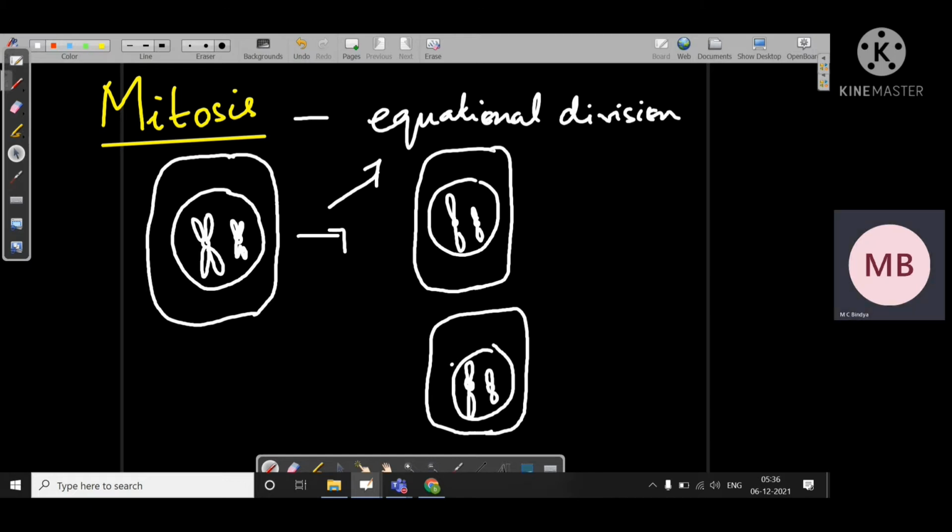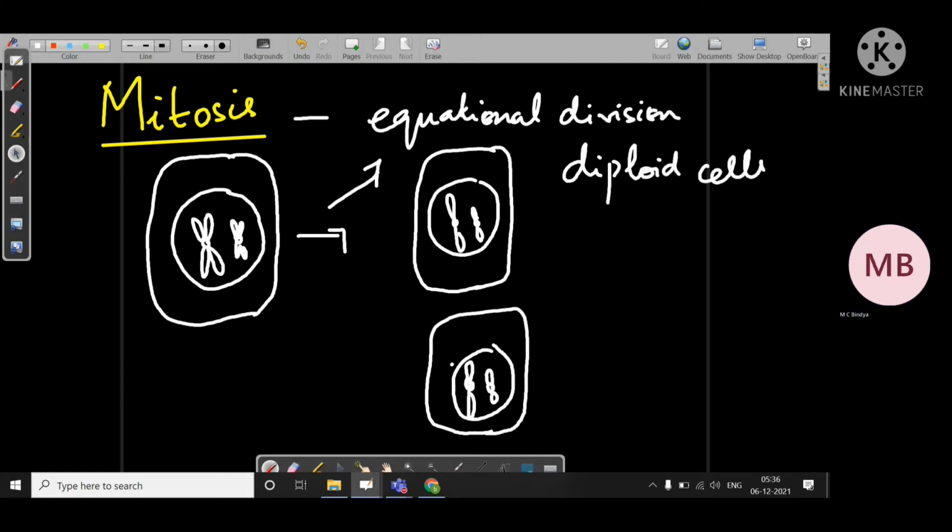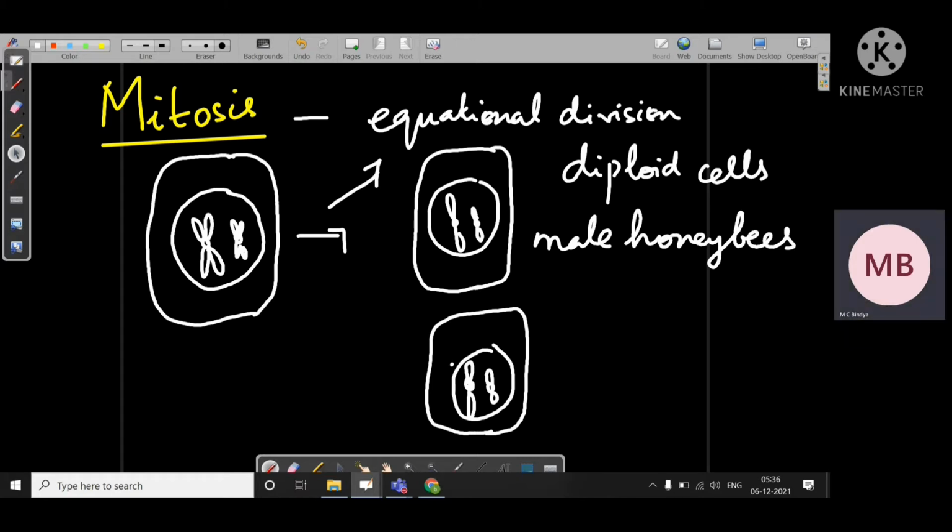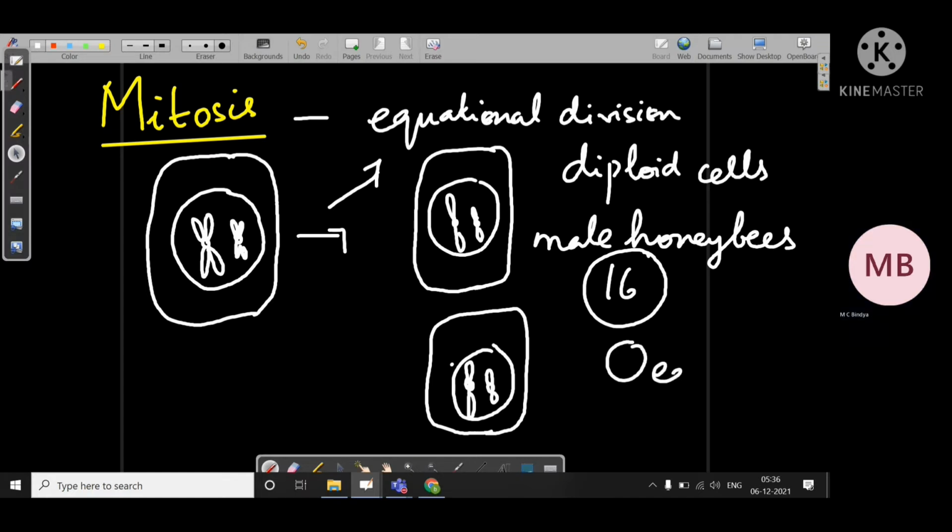Now usually this mitosis takes place in diploid cells. But in some cases, like in male honeybees, who have 16 chromosomes, the male honeybees develop from an egg, which is haploid.